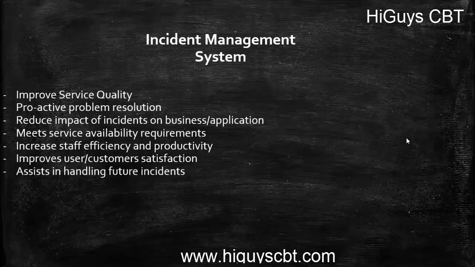The purposes of incident management are to improve service quality, proactive problem resolution, reduce impact of incidents on a business or application, meet service availability requirements, increase staff efficiency and productivity, improve user satisfaction, improve customer satisfaction, and assist in handling future incidents.